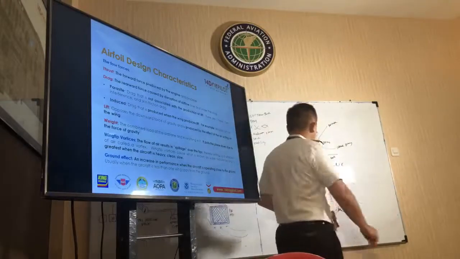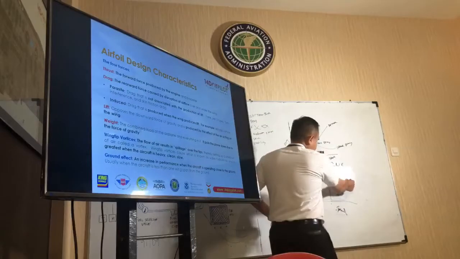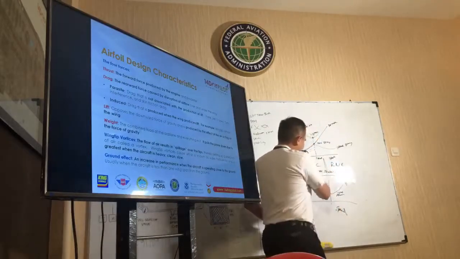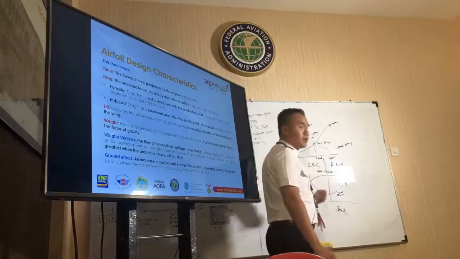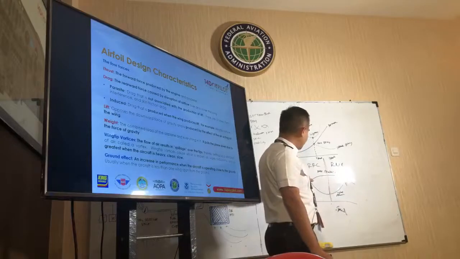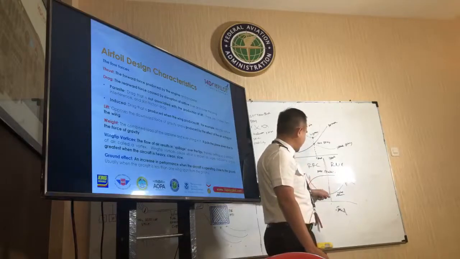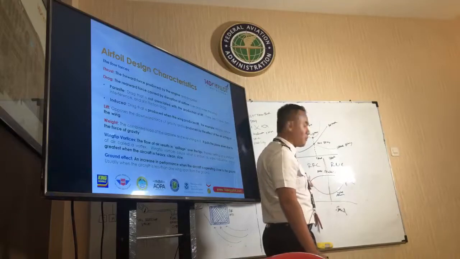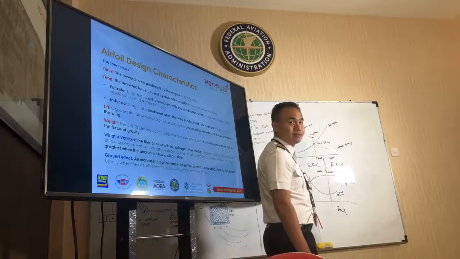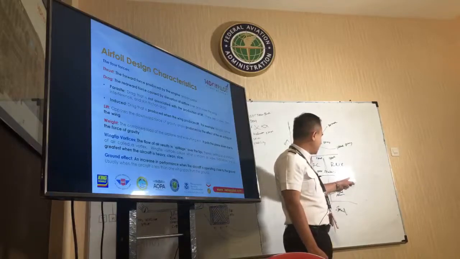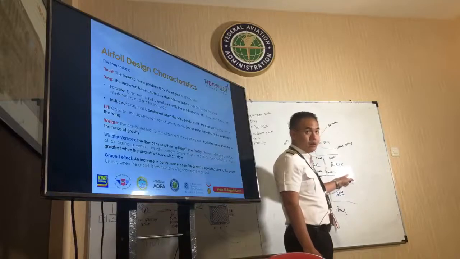Let's talk a little bit about this. This point is the maximum speed that you can go, and this is the lowest speed you can go. If you want to fly at this lower speed, you see this? The lower you want to fly, the more power you need. At this point, the higher the speed you want, the higher the power you need.